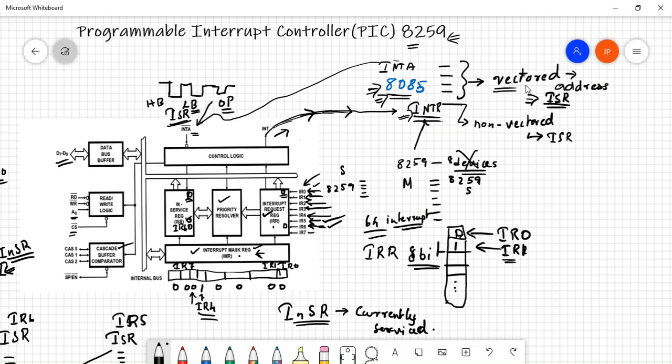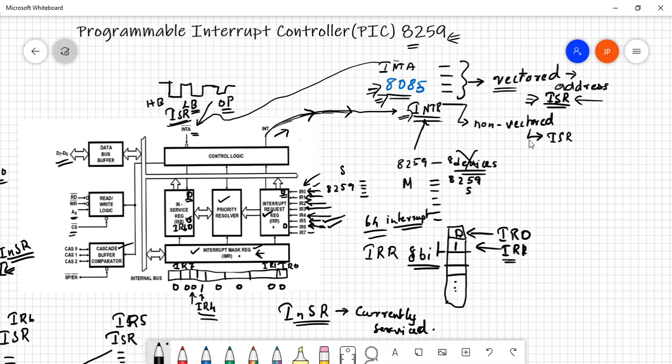All the other interrupting pins are vectored, which means that each has a very specific address for its interrupt service routine, which means that you can connect only one device to each of these interrupting pins, whereas INTR is a non-vectored interrupting pin, which means that there is no specific address for its interrupt service routine, right?